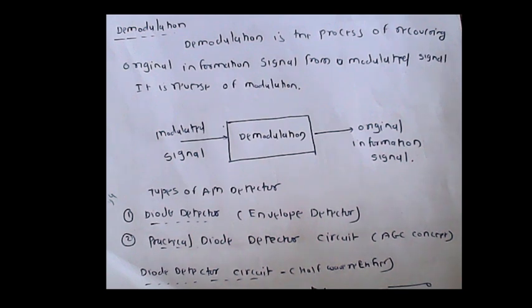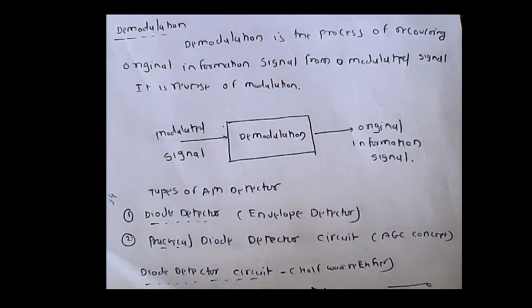We can see this in the working of the diode detector. The second is the practical diode detector, which uses this concept in the automatic gain control circuit of a superheterodyne radio receiver.